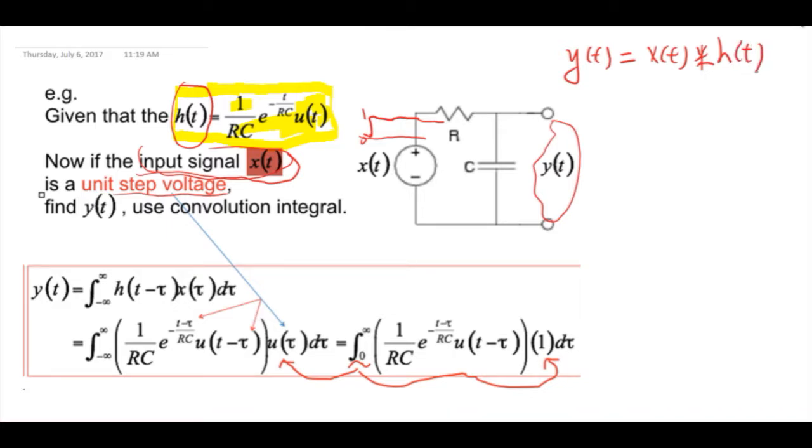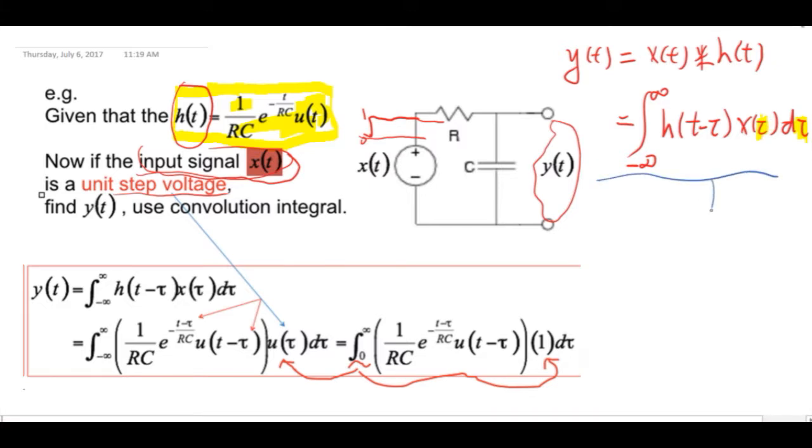Putting it into a convolution integral, from minus infinity to positive infinity, we change it into h(t minus tau) x(tau) d tau. I stress many times that tau is the variable. Now we are going to see how to solve this equation.